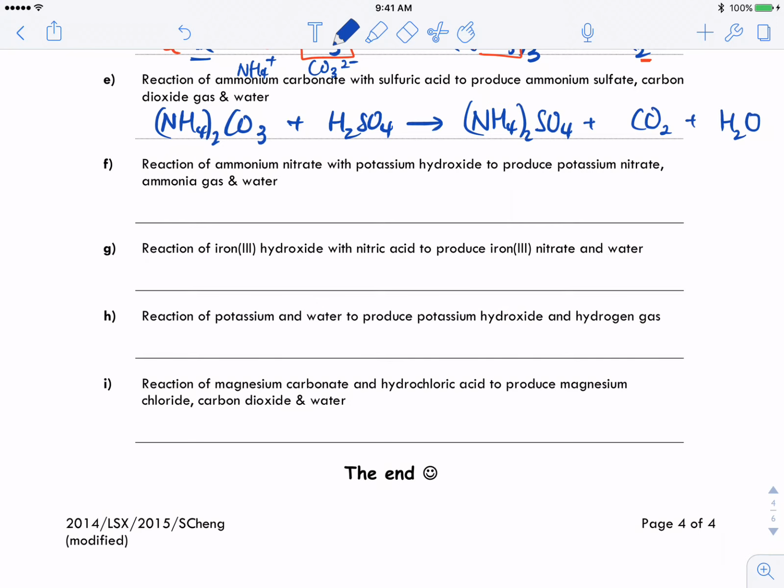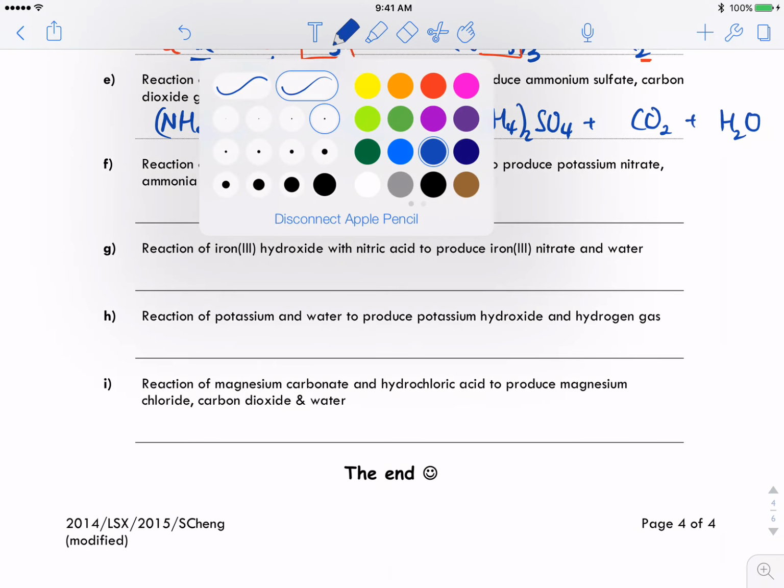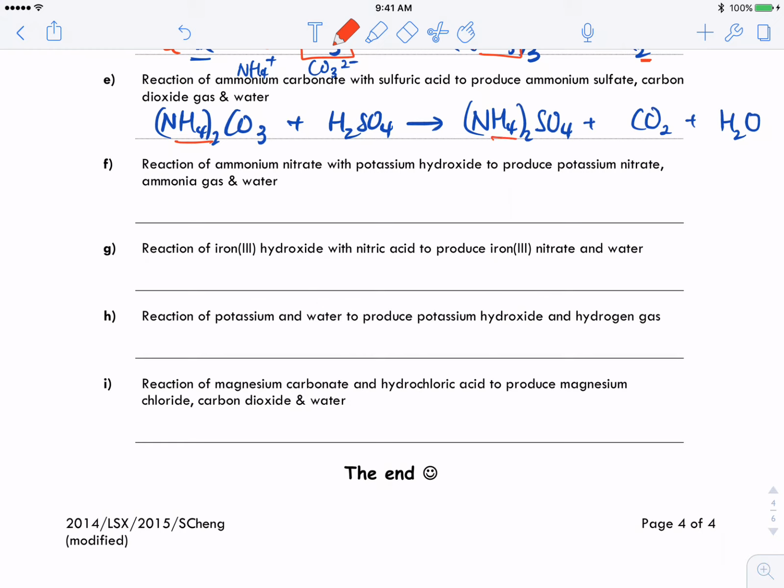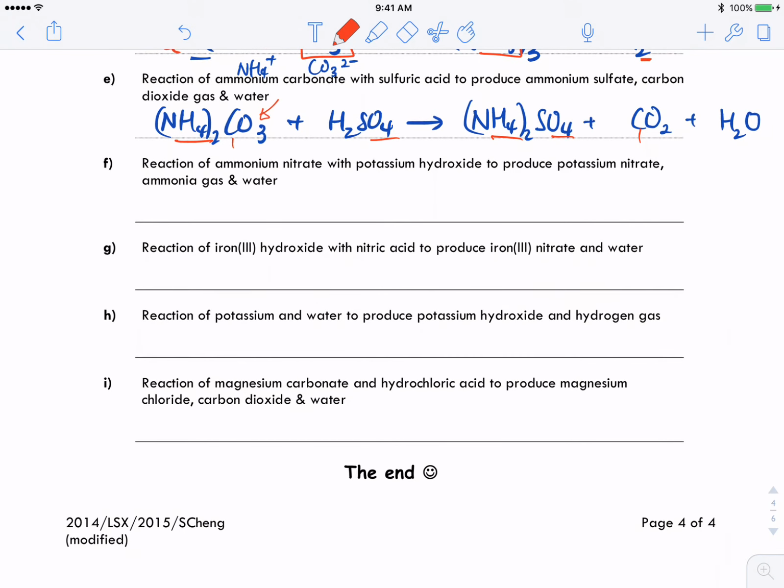Ammonium to ammonium, balanced already. Sulfate to sulfate, balanced. Carbon, carbon. Oxygen, there are 3 here that are not in sulfate, 1, 2, 3 here, so also accounted for. Hydrogen is also all here. Yes, balanced equation.